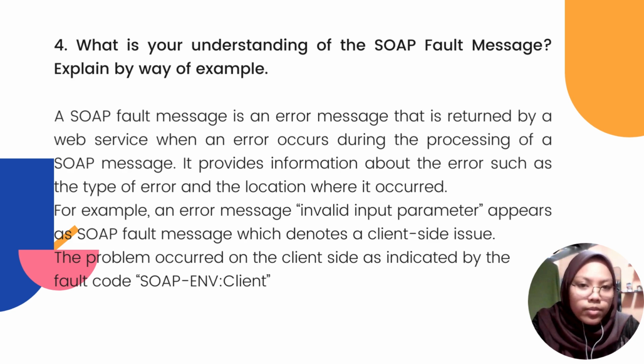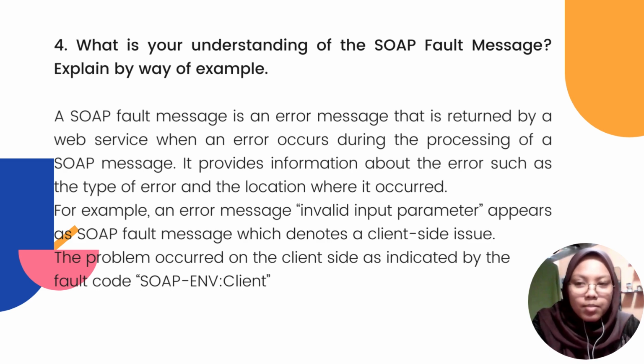error code. For example, let's say I am developing a web service that allows customers to check their order status. When a customer sends a SOAP request to my web service to check the status of their order, my web service might encounter an error such as an invalid order number.